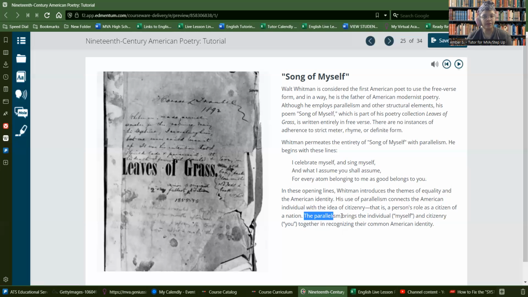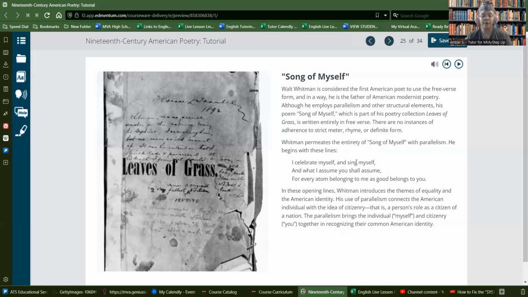So it says here, the parallelism brings the individual, myself, and citizenry, you, together in recognizing their common American identity. So he starts off talking with how he celebrates himself. And then he starts talking about how you and him have things in common.